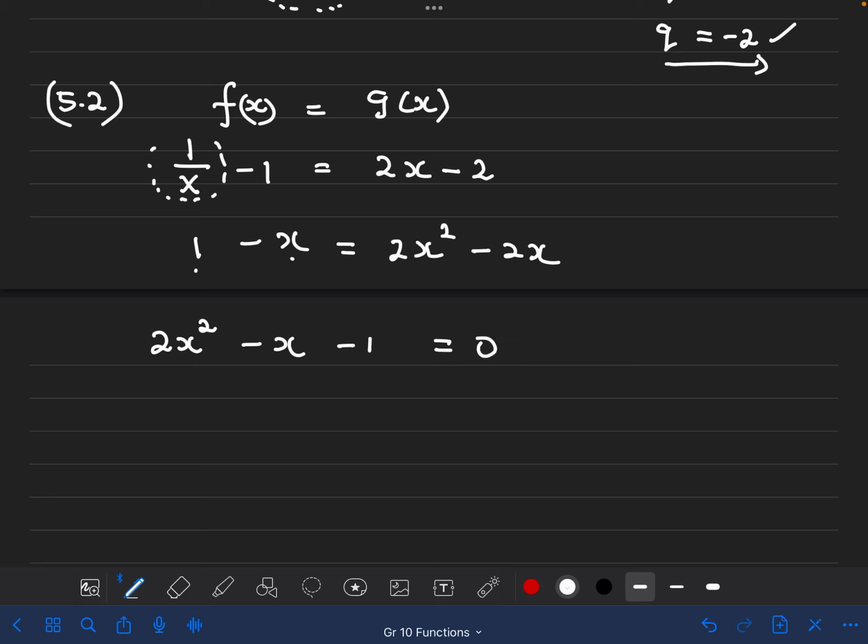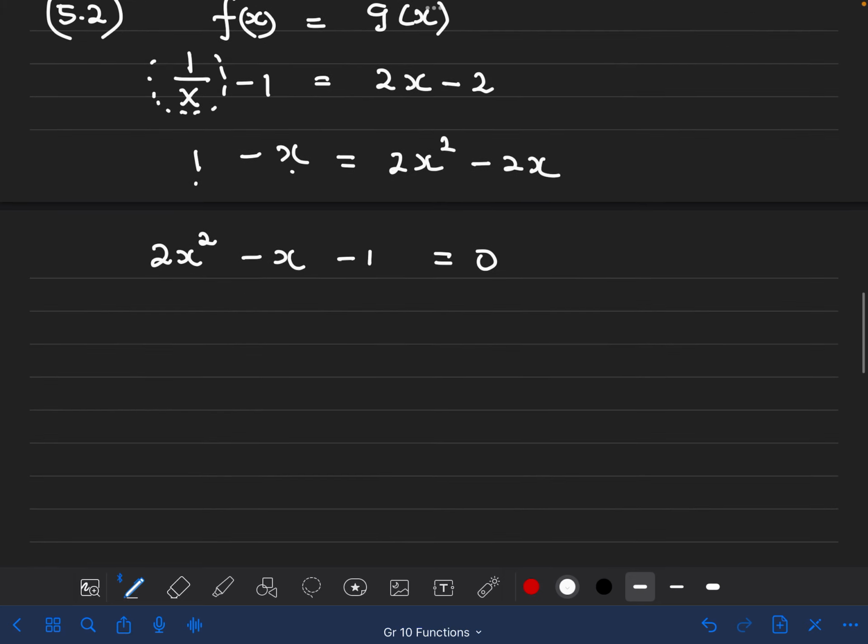So now we are back at question 1.1.1, guys, where we need to factorize, right? This equals 0. So it's just going to be 2x here and x. We need the factors of 1 such that if we multiply them, we are going to get negative 1, and if we add them, we are going to get negative 1 over here.